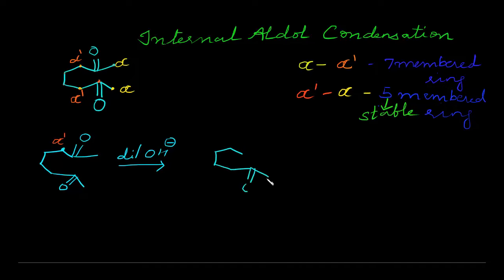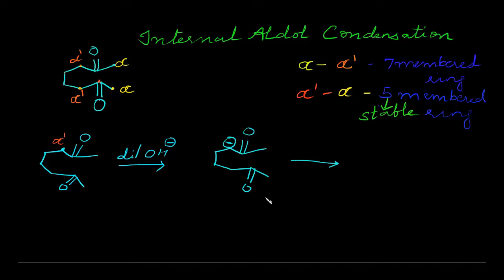Here you have double bond O, and here you get your carbanion. Next step, that is your second step, addition of carbanion onto the carbonyl group.